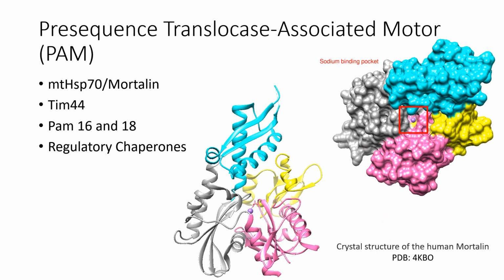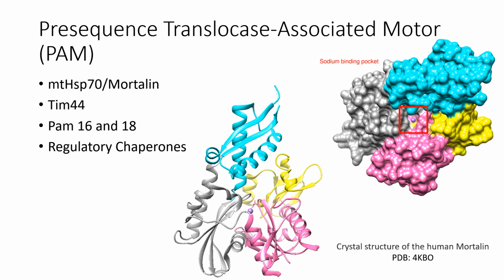After intermembrane translocation, import into the matrix is promoted by ATP energy that is provided by the presequence translocase associated motor, PAM. The PAM complex is located on the matrix side of the mitochondrial inner membrane. The core of the motor is an ATP-driven molecular chaperone that is a heat shock protein called MTHSP70.